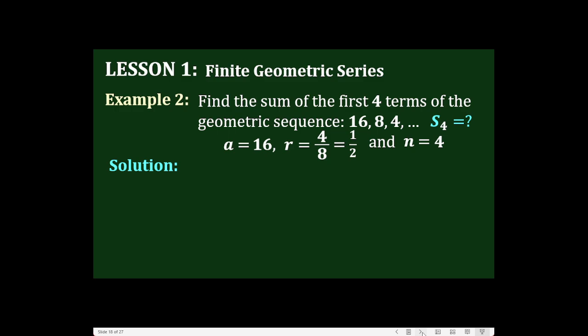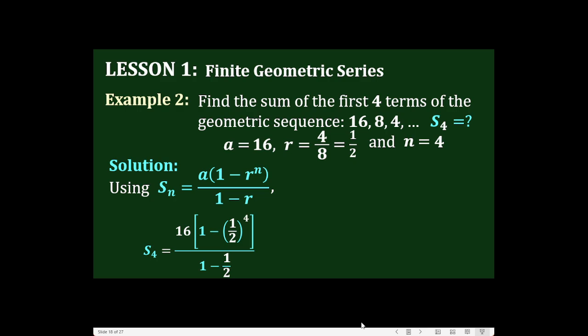Using the same formula for S sub n, the finite geometric series formula, then substitute the given values. Then again, using the PEMDAS rule, or the order of operations, to simplify this resulting expression. Now, we make the two terms similar fractions, so 1 can be expressed as 16 over 16.